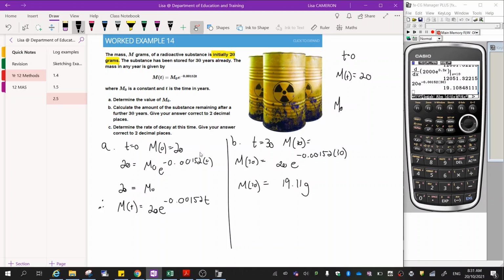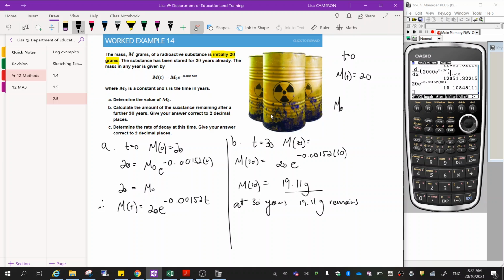And now the next thing we need to check is whether or not that is decaying. The mass of a radioactive substance is initially 20 grams. The substance has been stored for 30 years already. The mass in any year is given by this. So at 30 years, 19.11 grams remains.